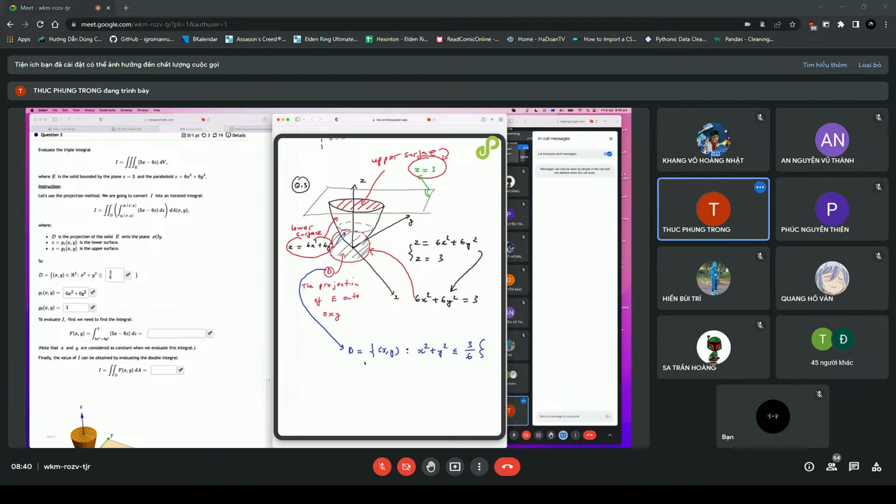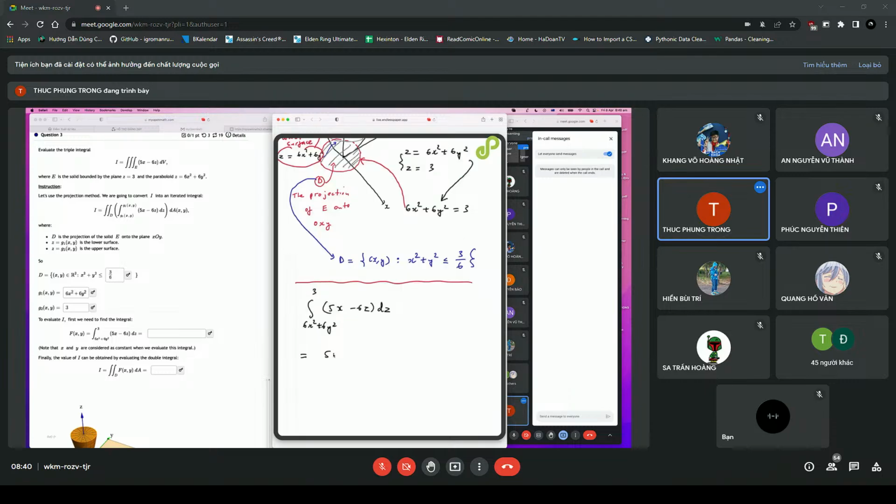Phi s is z. Remember that this is with respect to z, so s and y are just constants. An antiderivative is phi s z minus 3z squared, with z from 6s squared plus 6y squared to 3.